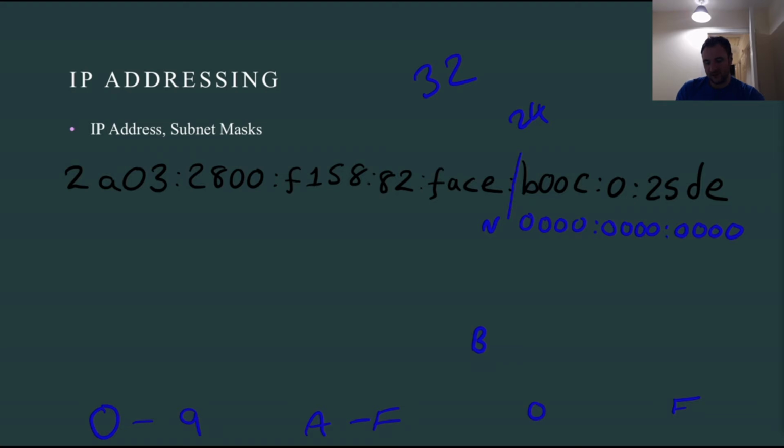Whereas the remaining section is the host section, so for the maximum, we go for everything turned on, which is all F's. F, F, F, F, colon, F, F, F, F, colon, F, F, F, F. Cool. So that's the broadcast. We plus and minus one, so we add one on, so zeros and then a 1.